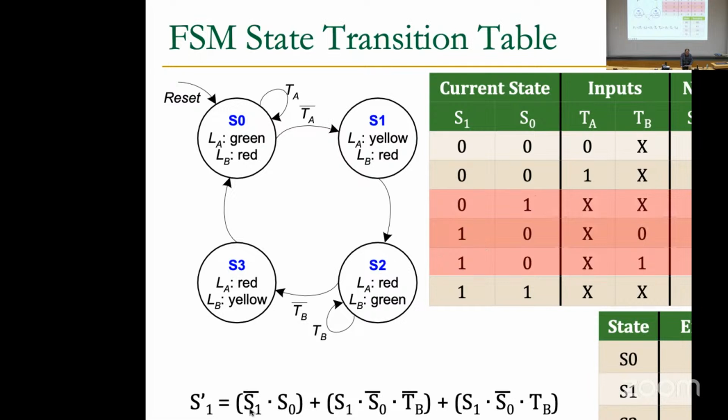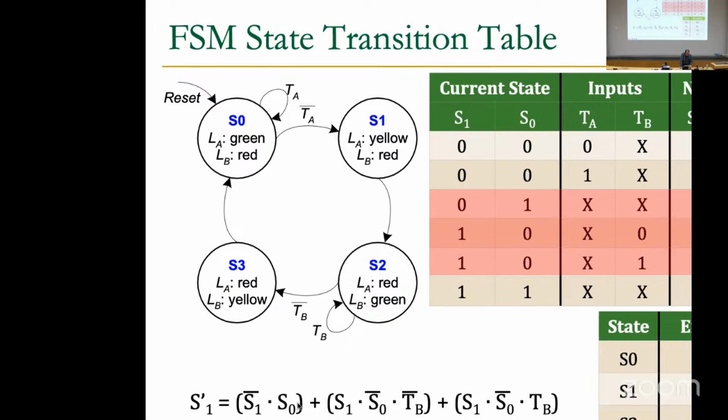Now, you need to write the equation for each of these outputs. For S prime 1, we need to check what the ones are. This should be 1 when S1 is 0 and S0 is 1, regardless of TA and TB. So this is one of them: S1 prime times S0.